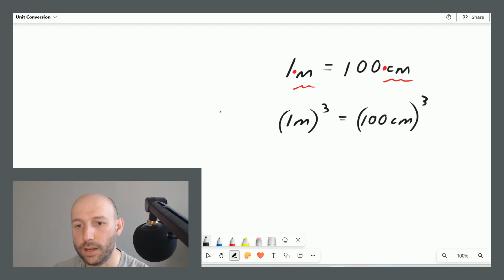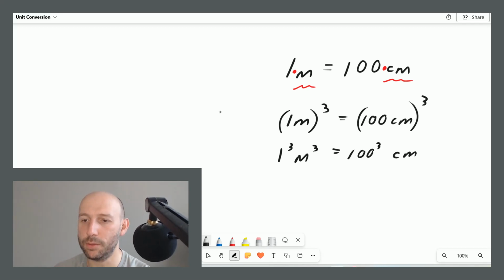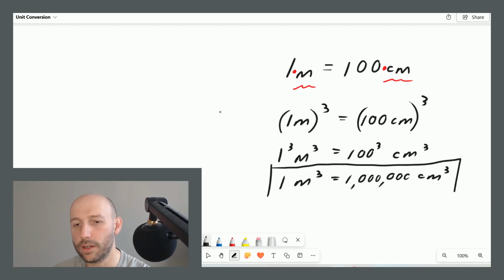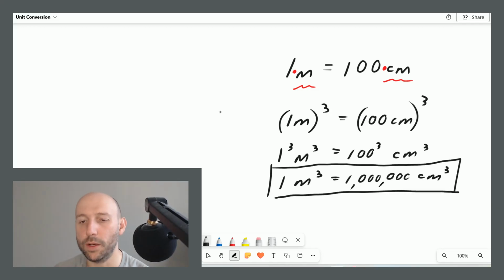And then simplify. 1 cubed meters cubed equals 100 cubed centimeters cubed. 1 cubed is 1. 100 cubed is a million. Centimeters cubed is centimeters cubed. So 1 cubic meter equals 1 million cubic centimeters.